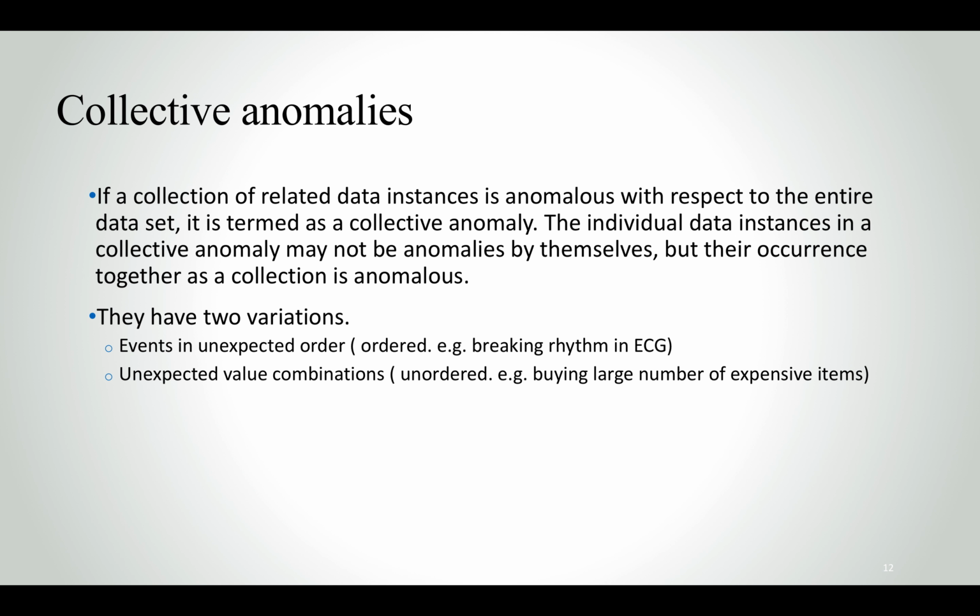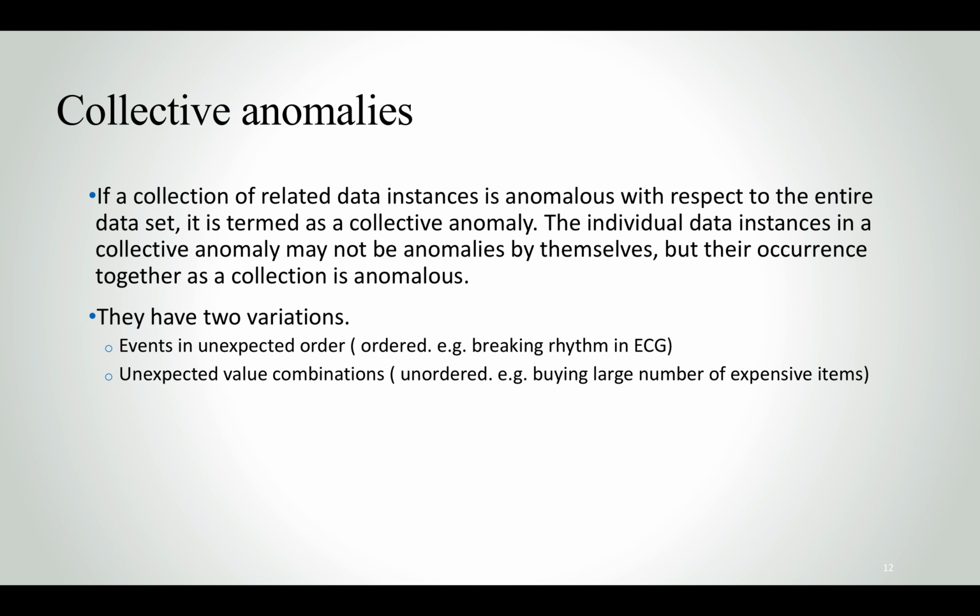Finally, we also have collective anomalies, which are a collection of instances that is anomalous with respect to the whole data set. The individual data instances might not be anomalous by themselves, but their occurrence together is considered anomalous. There are two main variations.